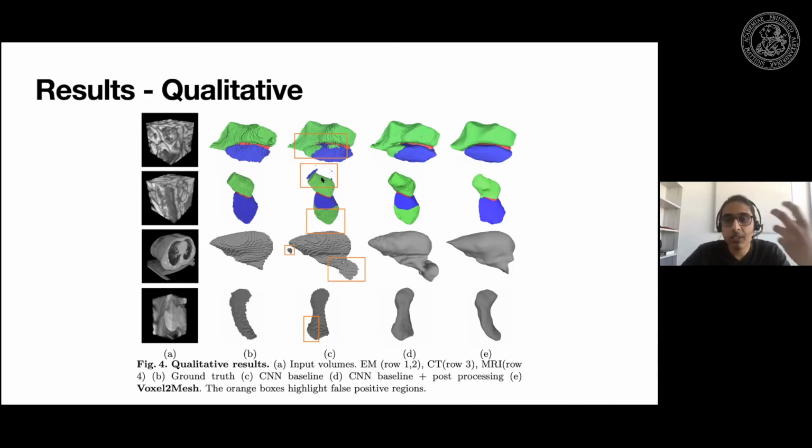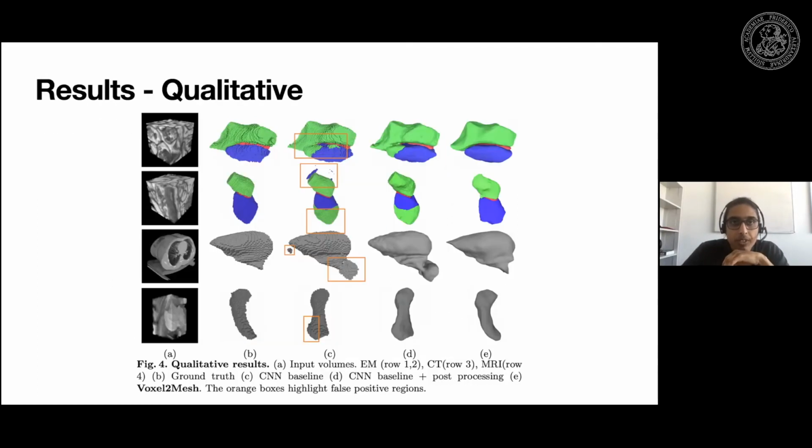So this is something interesting that we noticed, an added bonus we had with Voxel2Mesh, of training these end-to-end trainable models with explicit shape modeling of surfaces.